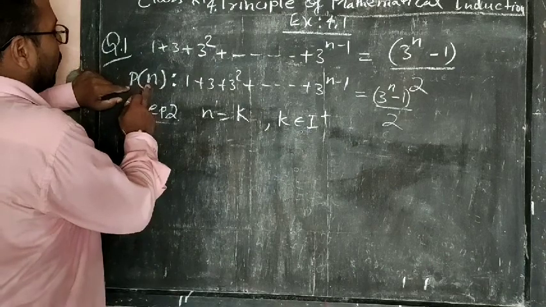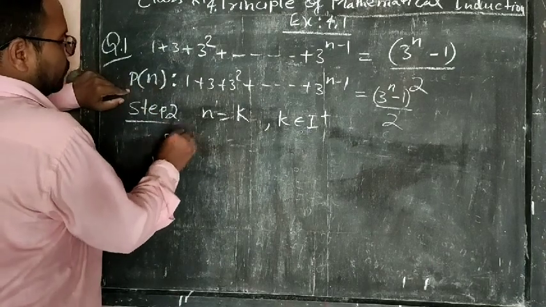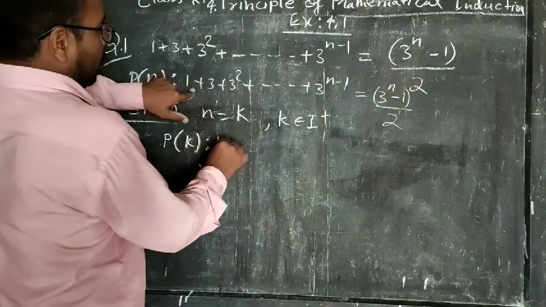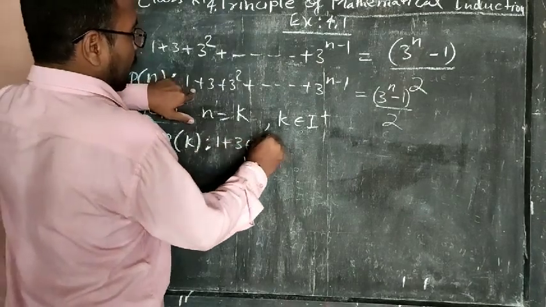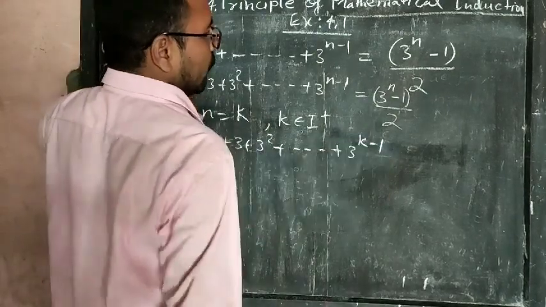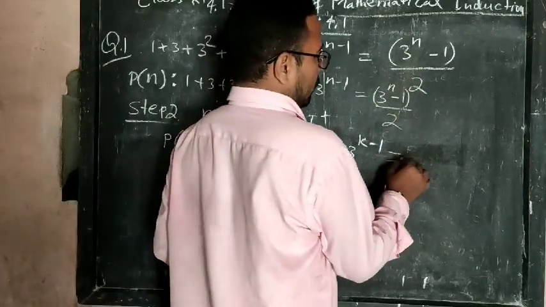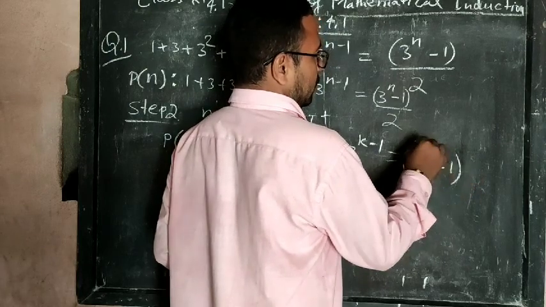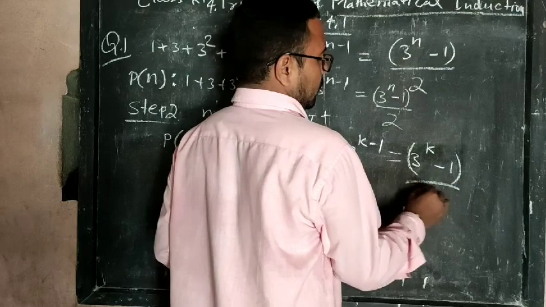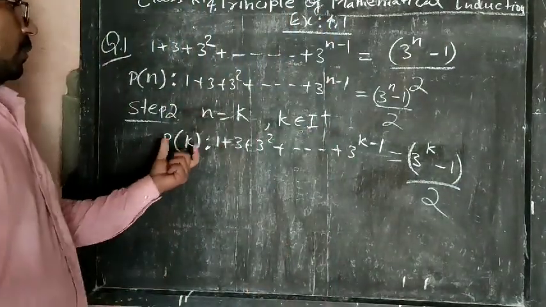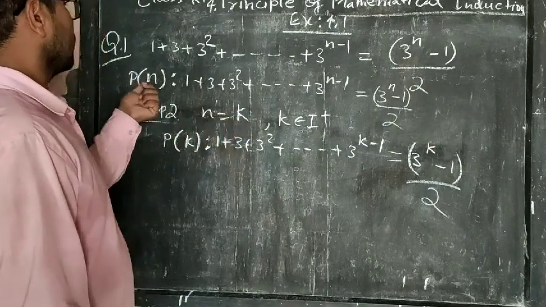So it will become Pk such that 1 plus 3 plus 3 square plus up to 3 to the power k minus 1 is equal to 3 to the power k minus 1 by 2. n is equal to k we are taking.